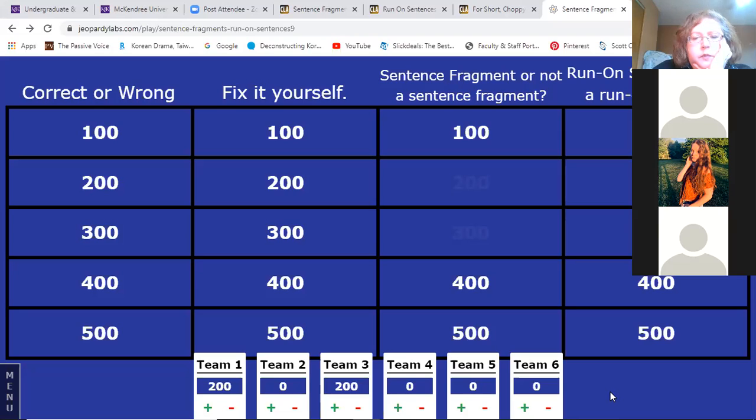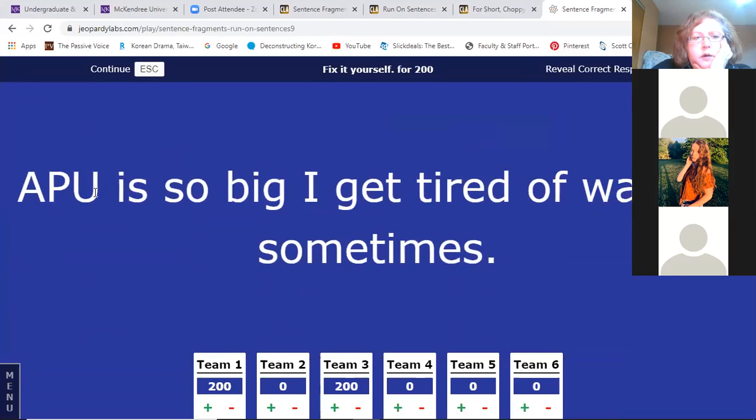I would like to choose Fix It Yourself 200. All right. APU is so big, I get tired of walking sometimes. We can make it like APU is so big that I get tired of walking sometimes. Very good. That's another way to fix a fragment. You added a dependent word in there, right?